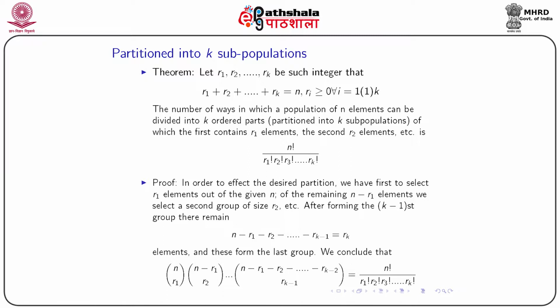Thus we prove this theorem, where we say how to divide the whole population into k subpopulations where each group can contain more than one element.